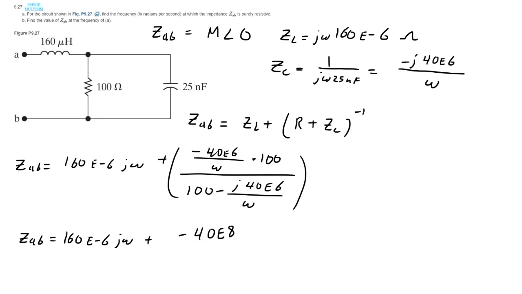Actually, yeah, okay. This would be 48 divided by 100 omega minus J 40 million. Okay.